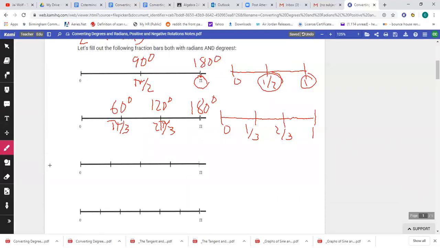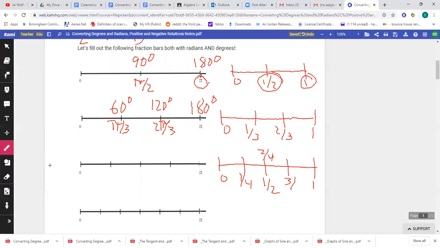So I'm just going to show you another thing here. So now we cut it into 4 pieces. So this would be 1/4. This would be 2/4. But what does 2/4 reduce to? This is just 1/2, right?